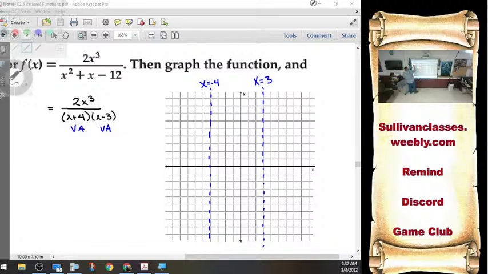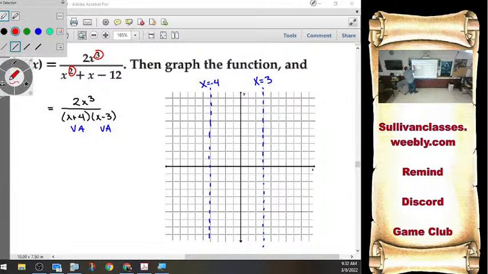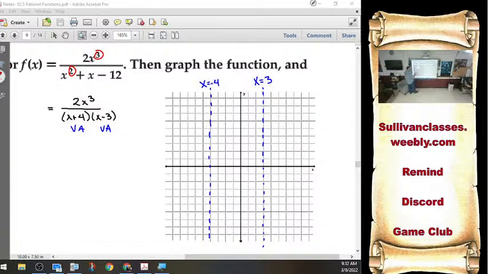Because when I try to do horizontal, the rules say I check the degrees. I now have n greater than m, so I need to divide. I'm dividing by a quadratic.